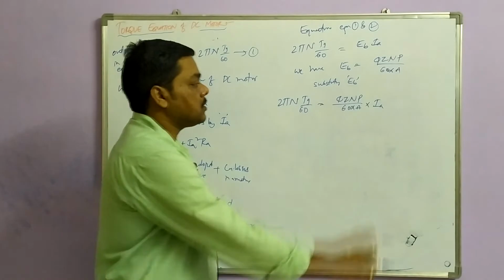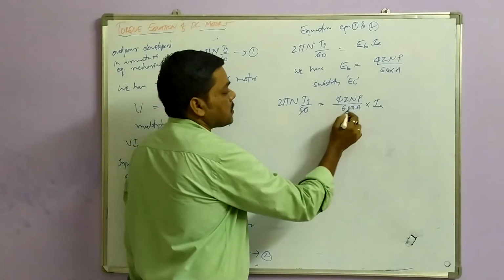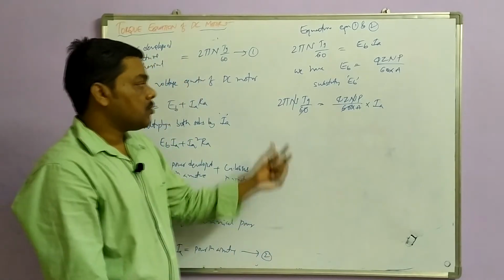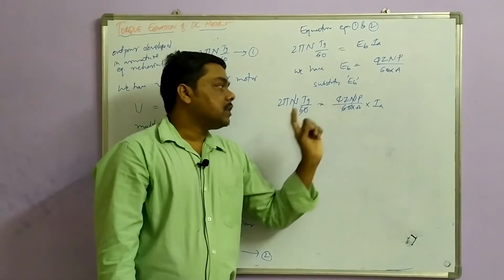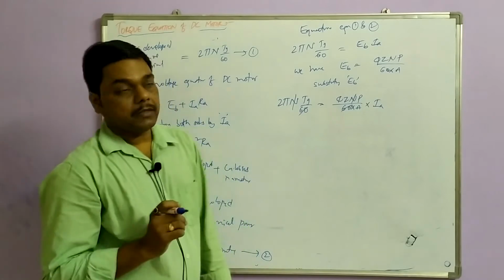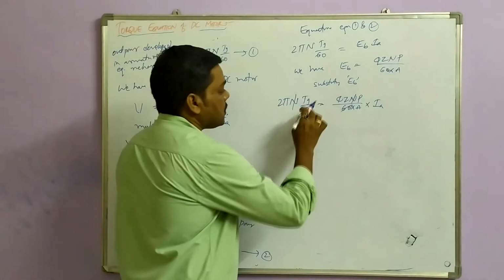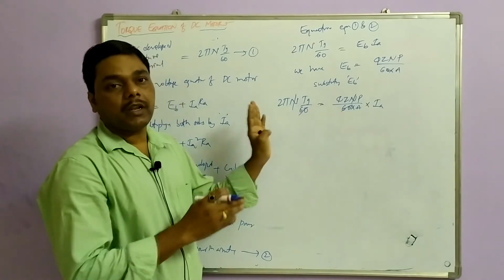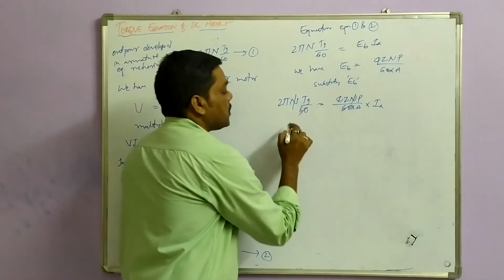Now you can see both sides have 60 in the denominator and speed is a common term, so I take out n by 60 on both sides, which is rps. The unknown required quantity is Tg, so I keep Tg on the left-hand side and move all the quantities to the right-hand side.